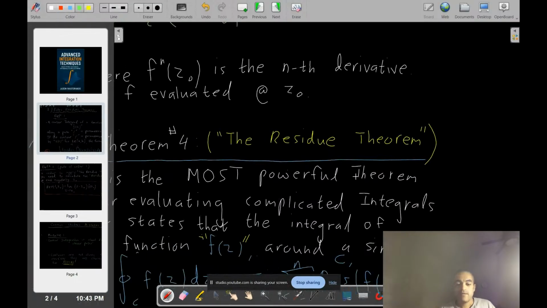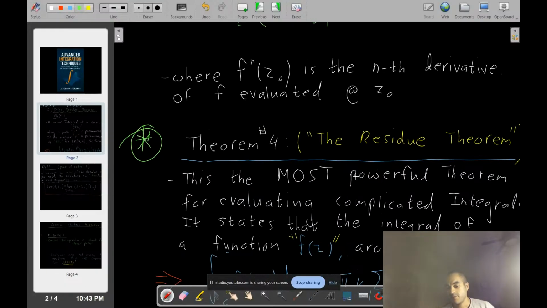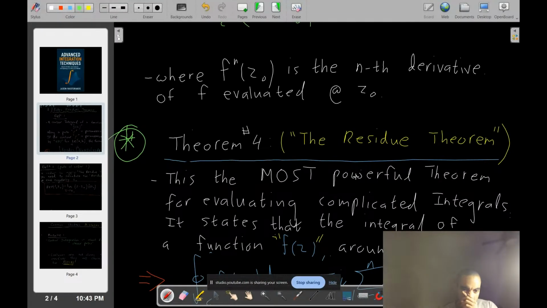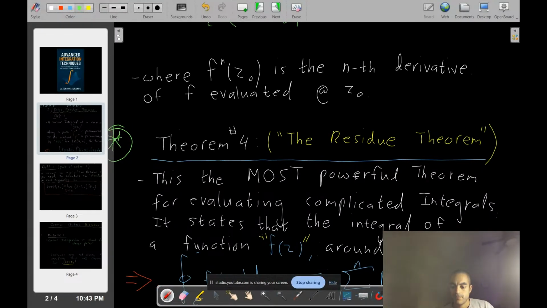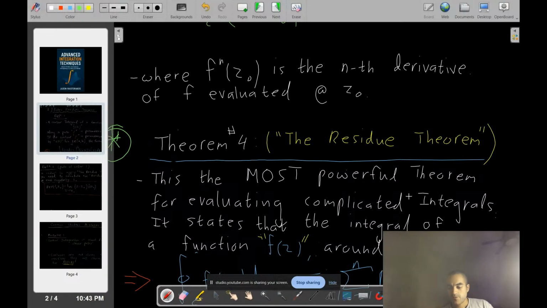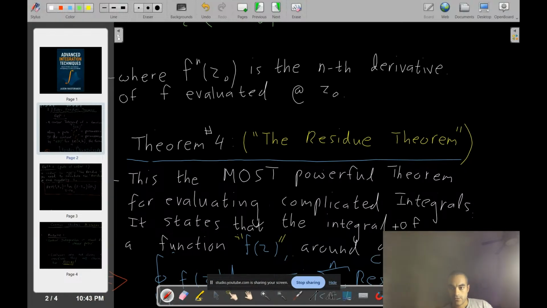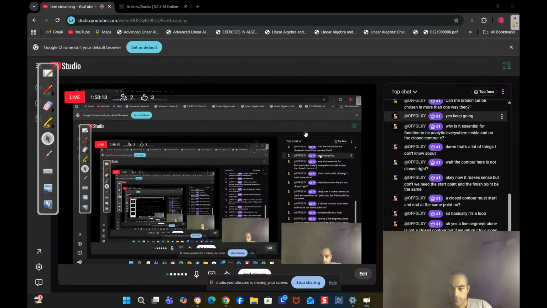Now, this will make more sense when I discuss residue calculation formulas, because this is saying the summation of residues. I'm going to explain what a residue is, and then I'm going to refer back to this. So I'm going to go back and forth.